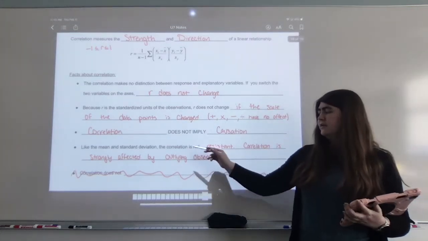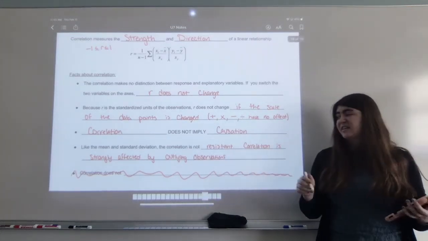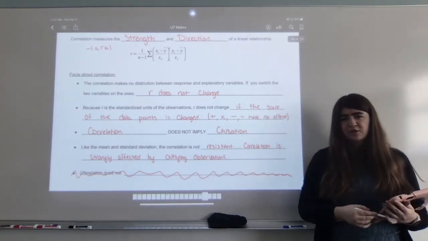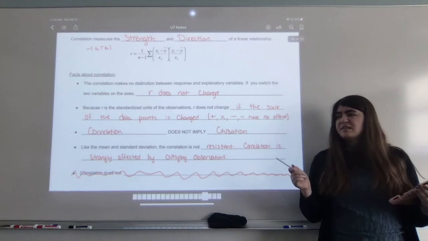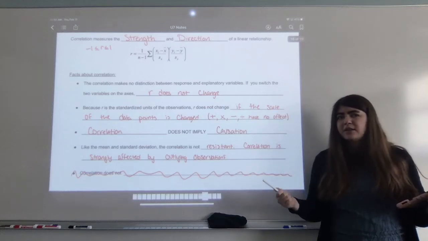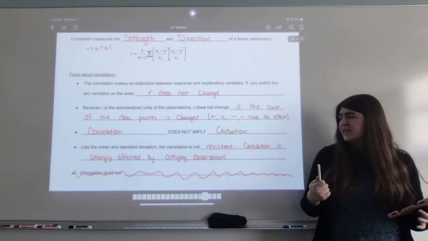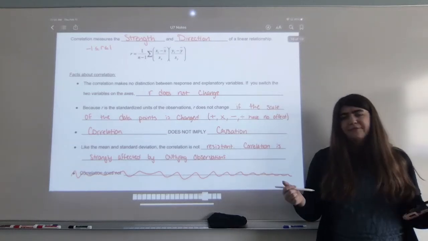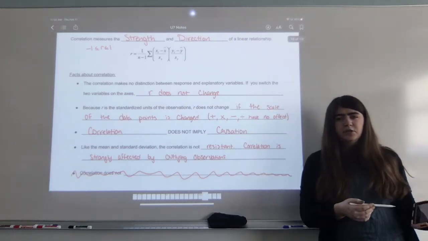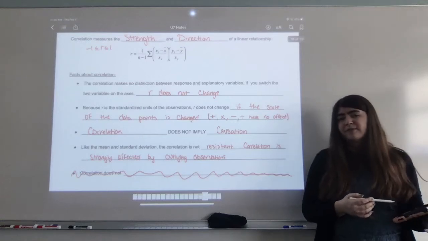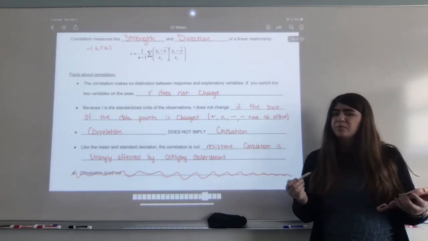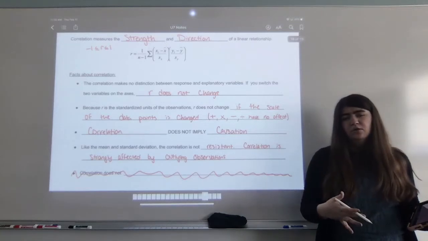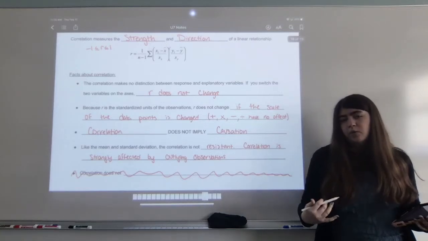Like the mean and standard deviation, the correlation is not resistant. Correlation is strongly affected by outlier observations. So what that means is the situation, or maybe the weather or age, all of those things can have an effect on correlation. For example, if you were to go to Florida and survey them on how often they go ice skating, the response is going to be a little different than if you come here to Michigan and ask us how often we go ice skating.